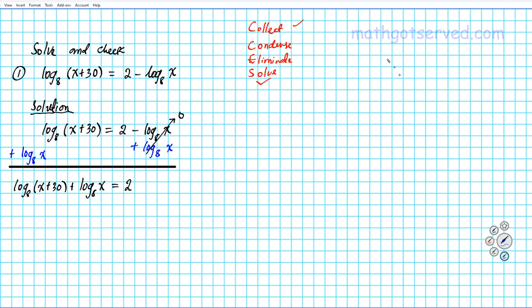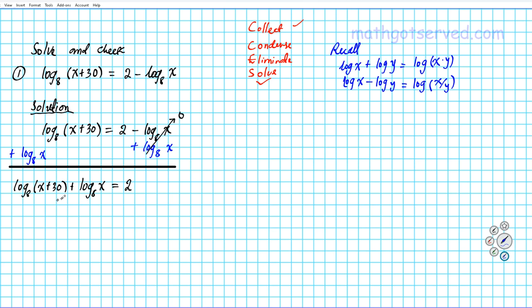So remember the formula: log of x plus log of y is equal to log of the product of the log arguments. And if you have log of x minus log of y, guess what that's going to be? It's going to be the quotient. These are known as the product and quotient properties of log. So we're going to use the first one, the product property.